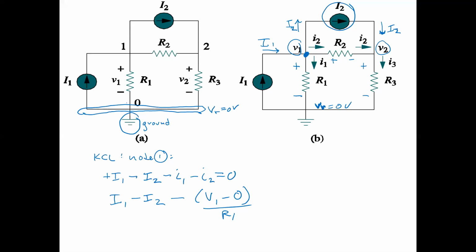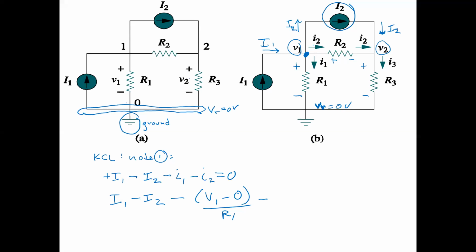And then what's the element voltage across the R2 resistor? Again, express it in terms of V1 and V2. V2 minus V1. Well, but if we want to define I2, we want to replace what we wrote with I2, using the same polarity.